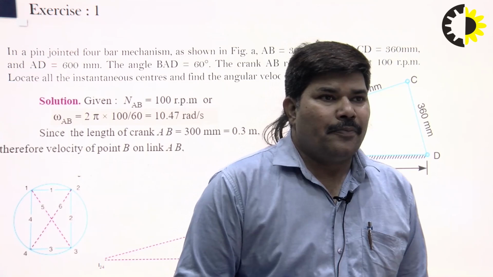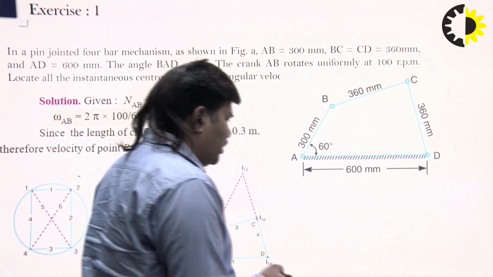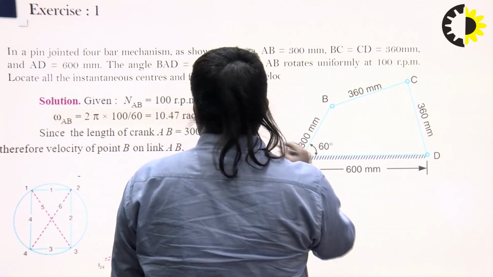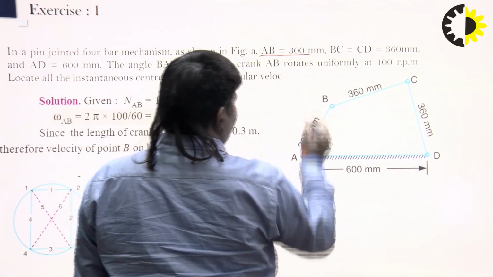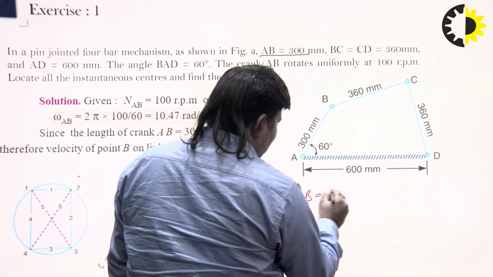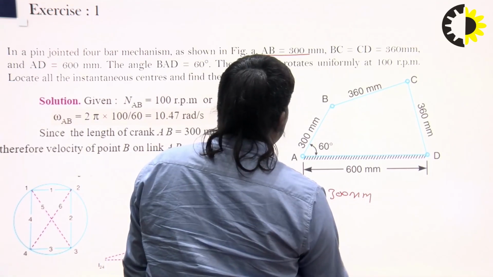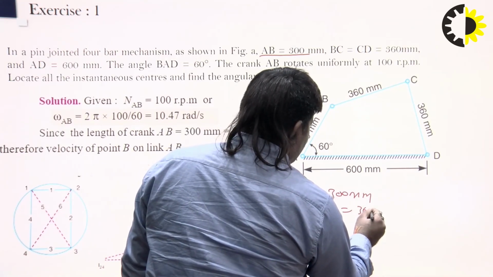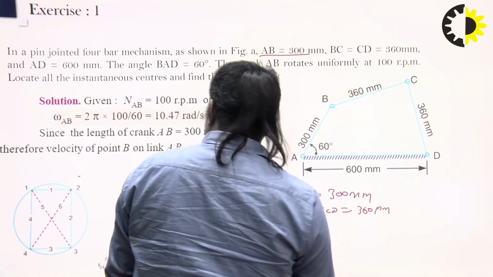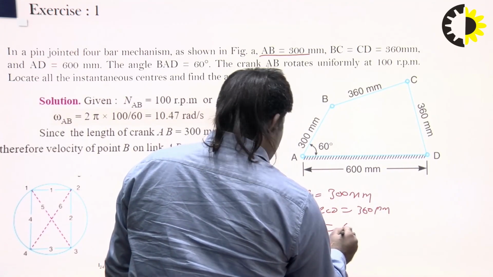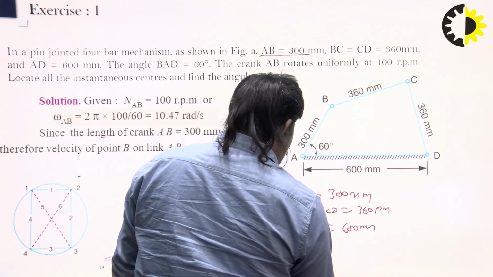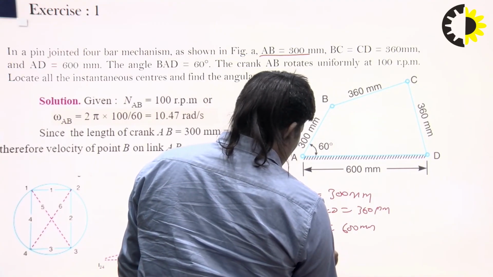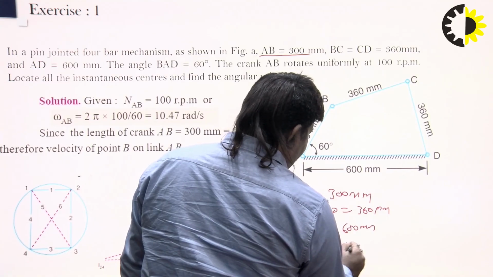You can see the given data: AB equal to 300 mm, this is the crank, BC and CD equal to 360 mm, AD equal to 600 mm, and angle BAD equal to 60 degrees.